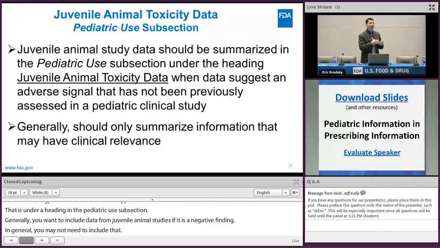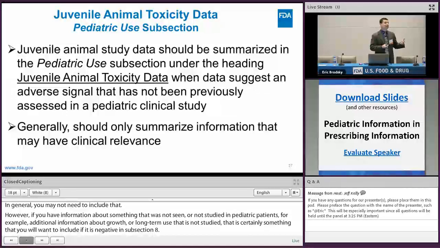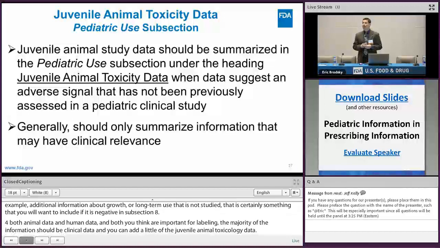If you have both animal data and human data, and both you think are important for labeling, the majority of the information should be the clinical data, and you can add a little bit of the juvenile animal toxicology data.